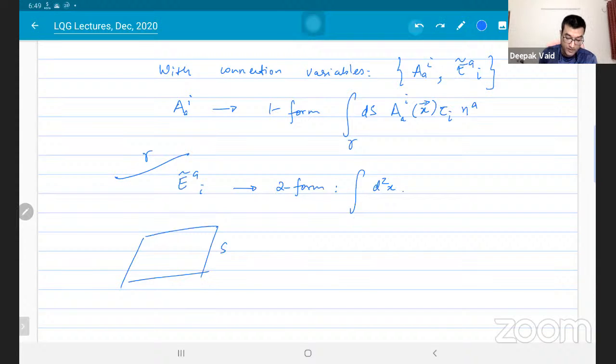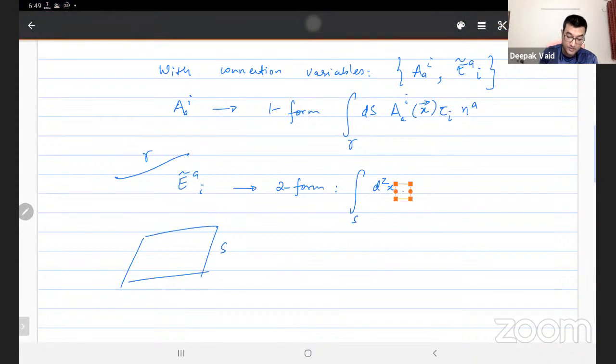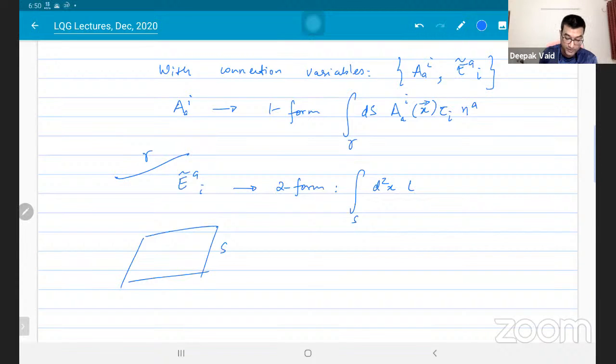okay, and you take the flux of this quantity, okay, through the surface. So you integrate it, you multiply it by the unit normal. This is the unit normal to the surface, defined at each point on the surface, right?